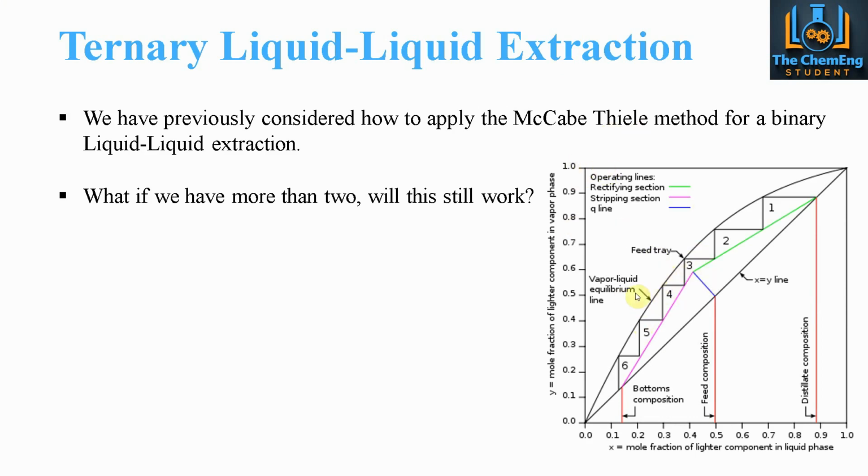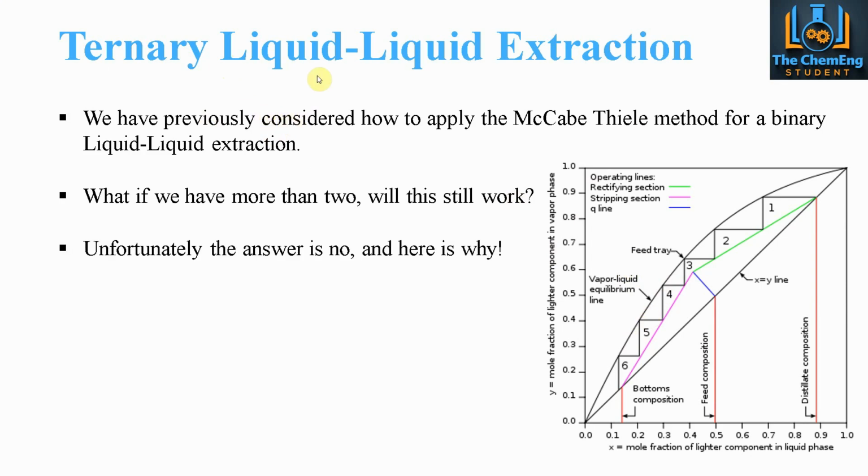Now we use similar nomenclature and similar properties for the ternary liquid-liquid extraction, but the question is, would this method still work for a triple system rather than just a binary system?